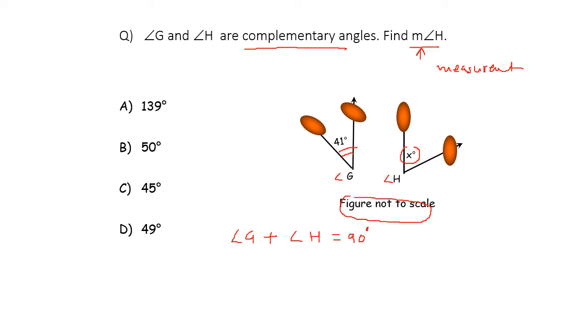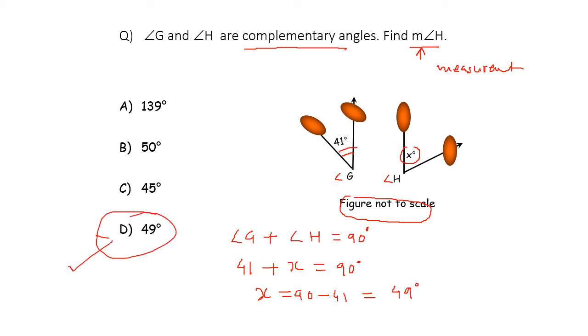Angle G is 41 degrees, and angle H is X as given in the diagram. The sum is 90. Then you can solve it like a simple linear algebraic equation. It's 90 minus 41. 90 minus 41 will be how much? 49 degrees, right? So the correct answer is this one.